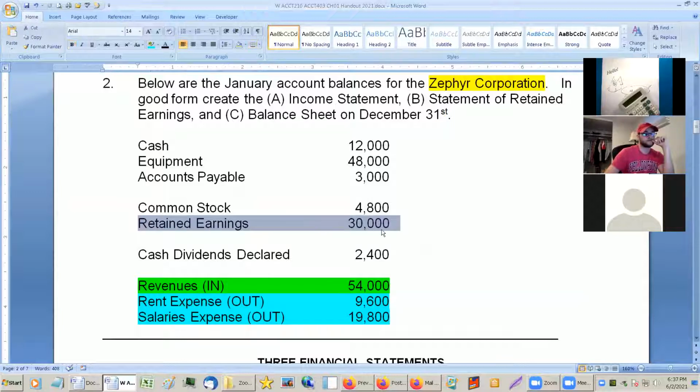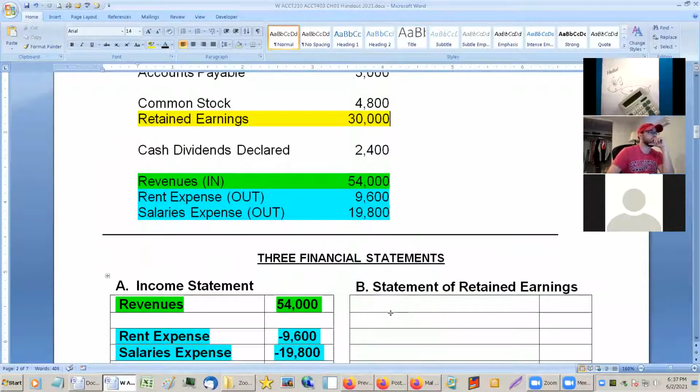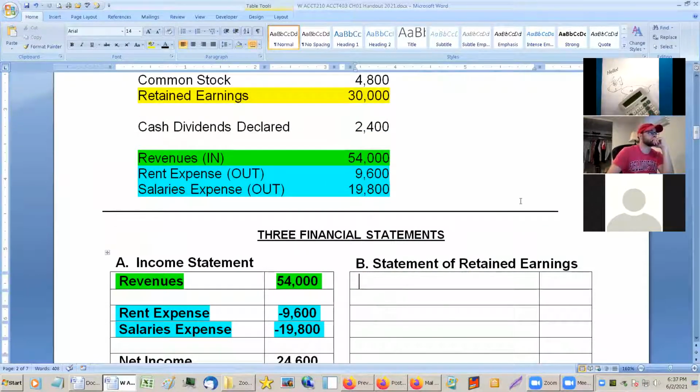Yep. So retained earnings, we're going to start with that. These are actually the beginning retained earnings. So beginning retained earnings was 30,000.